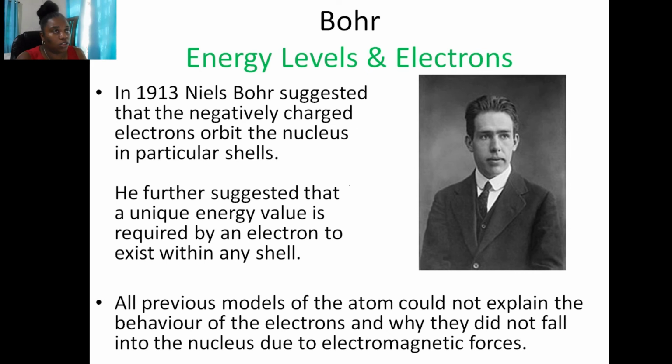It's like levels to this, you know. You got level 1 where you honk your horn nicely, and you have level 2 and you get, you know, like toot toot. You're just like, oh my god, these people won't hurry up. So we put the electrons in levels, and so he suggested that the negatively charged electrons which orbit the nucleus must be in particular shells. So that's what he called the levels.